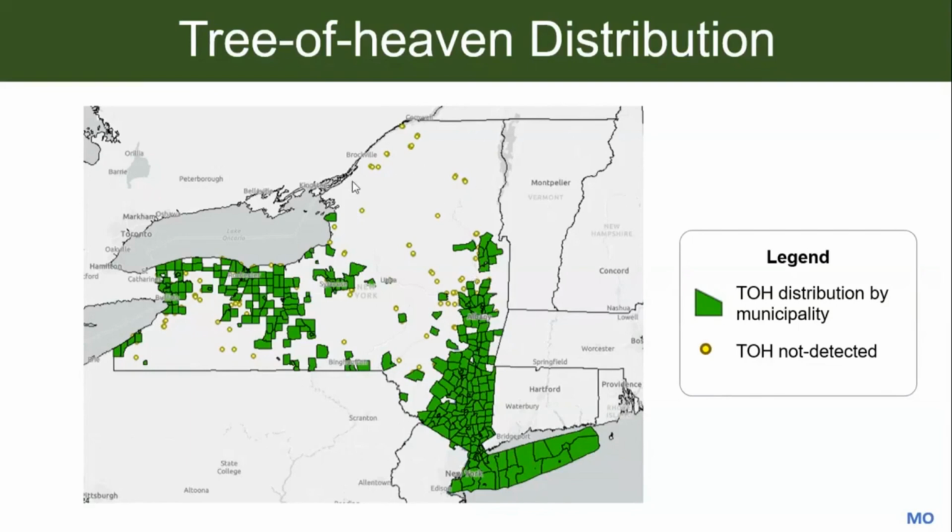And then we also have locations in yellow where people looked for Tree of Heaven but didn't find it. And you can see there are also blank spaces in between those. So those are areas where we're not really sure. Maybe Tree of Heaven isn't there because it's not common in those regions, or maybe it's there and we just haven't looked for it or reported it yet. So we really appreciate the help to fill in these data gaps, particularly during invasive species challenges.